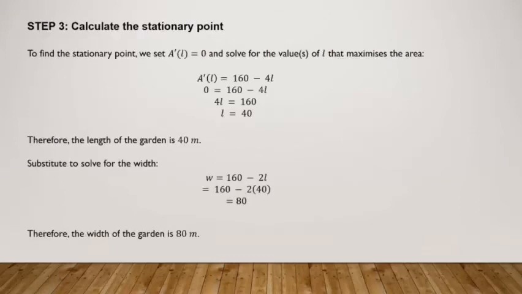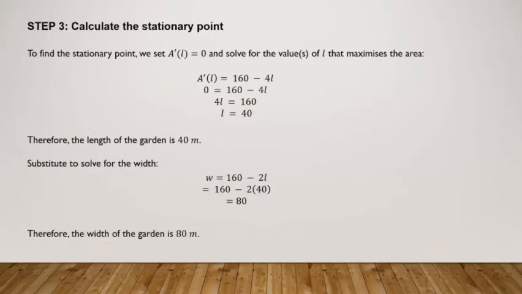And then step 3, calculate the stationary point. To find the stationary point, we set A prime of L equals 0 and solve for the value of L that maximizes the area. A prime equals 160 minus 4L.